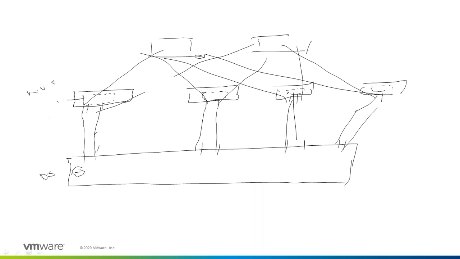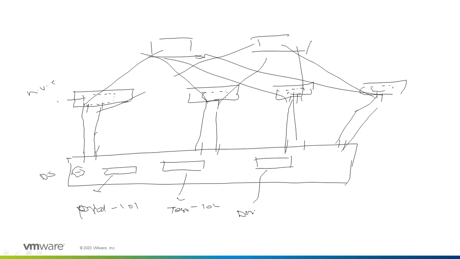Now, under this distributed switch, I have created one port group, for example production VM, and assigned VLAN ID 101. I have created another port group, test VM, with VLAN ID 102, and another, DMZ, with VLAN 103.